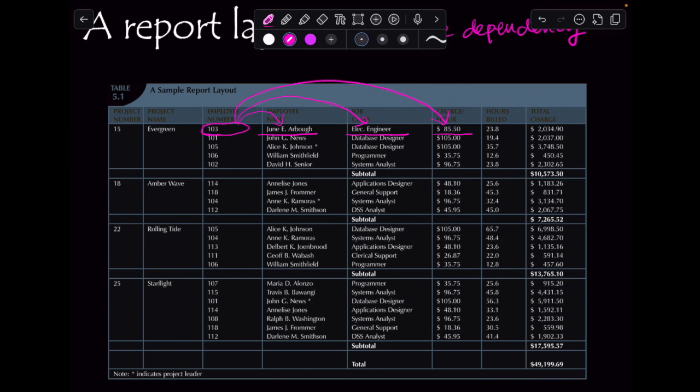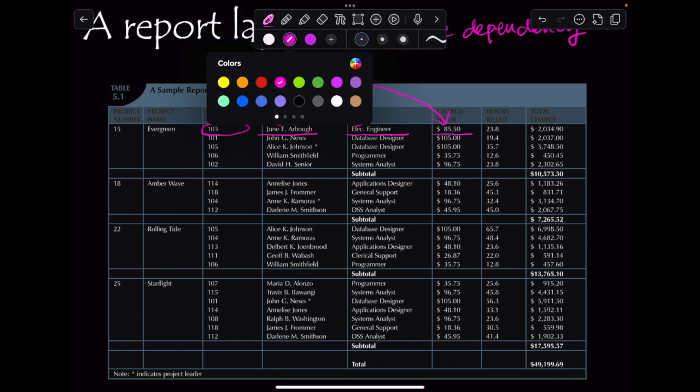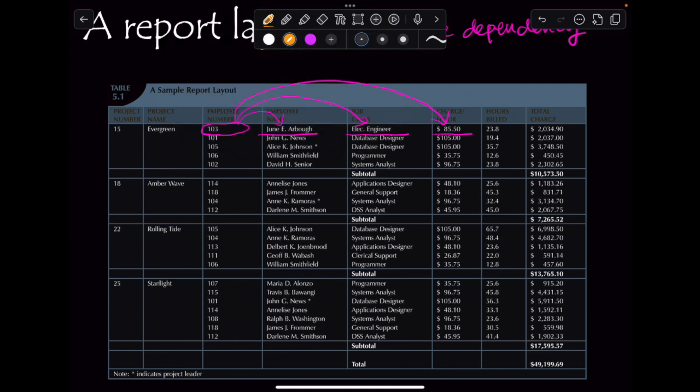Oh, there is a separate functional dependency from job class to charge hours separately. So what this means, if I know electrical engineer is the job class, we know we have to pay $85. So for example, here, regardless of the employee information, if we choose another electrician, we may know that the pay rate is $85.